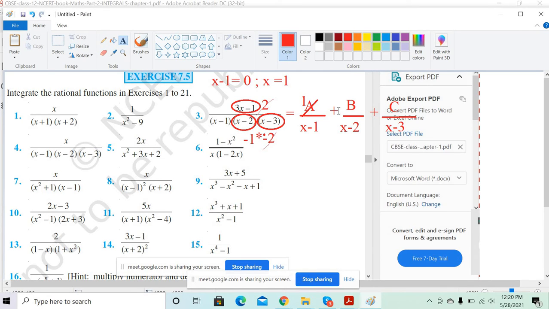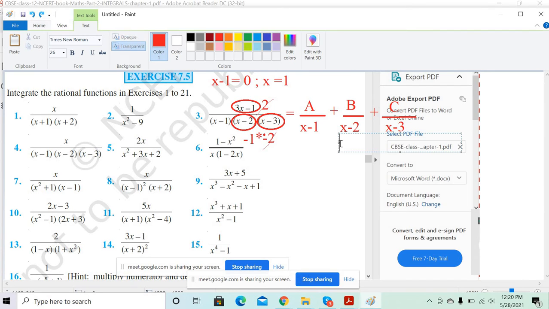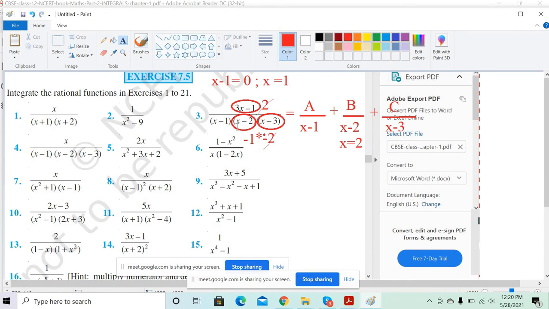Yes, sir. Next, I want to find B. The denominator is x minus 2. Equate it to 0, so x is equal to 2. You don't have to substitute in x minus 2; you substitute 2 in all the other remaining parts.